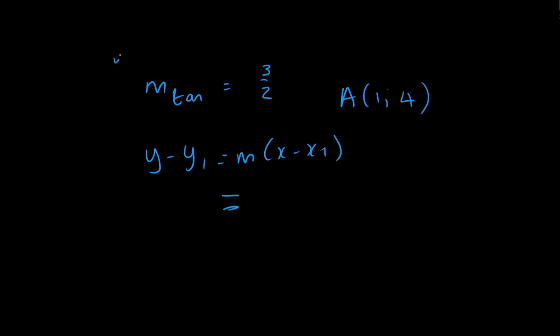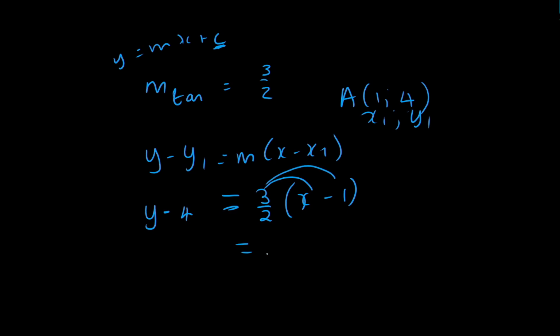You can also use y is equal to mx plus c, first work out the value of c, and resubstitute your values for m and c to write your equation in y form. That's perfectly acceptable. So y minus y1, this is y1, that's x1. y minus 4 is equal to the gradient of 3 over 2 times x minus 1.